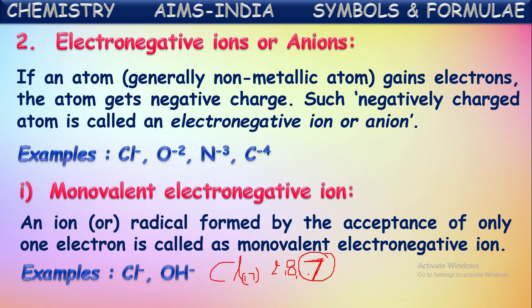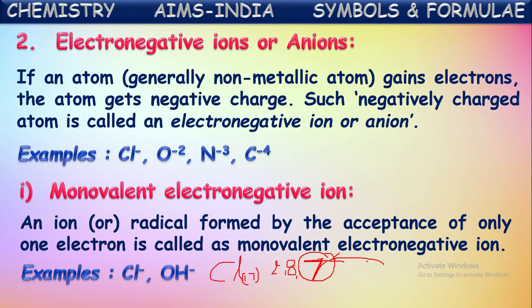Yes, gaining of only one electron. So when it gets a chance, chlorine will gain that electron and become stable with the configuration 2, 8, 8. By the gain of this new electron, it will get one unit negative charge. And thus the ion formed by this is called monovalent electronegative ion.